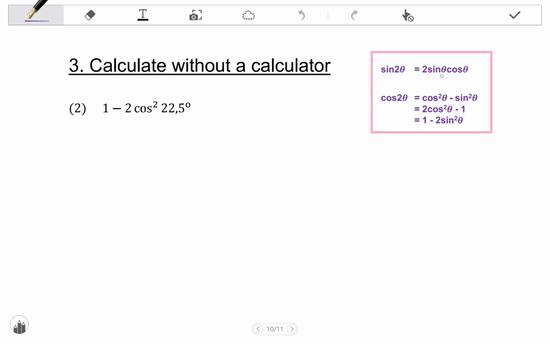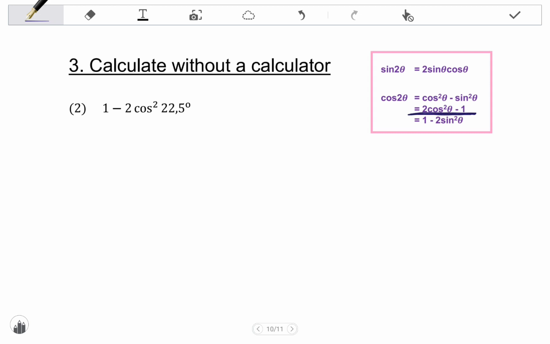Okay, then again calculate without a calculator, and we have 1 minus 2 cos 22,5 degrees all squared. Okay, now if we compare the double angle formulae, I am seeing a similarity to this formula, okay?